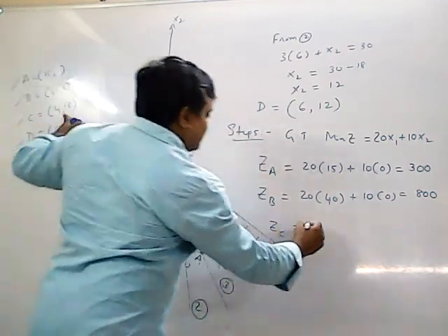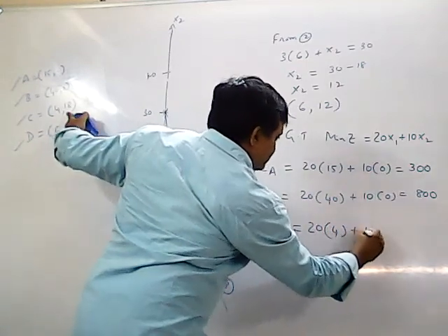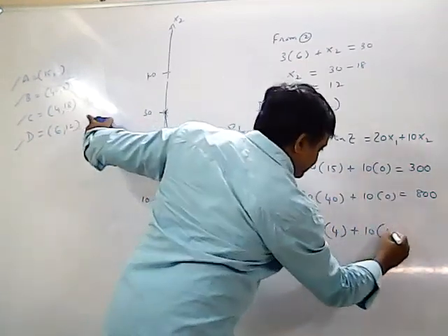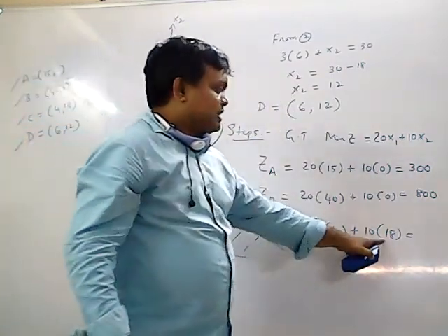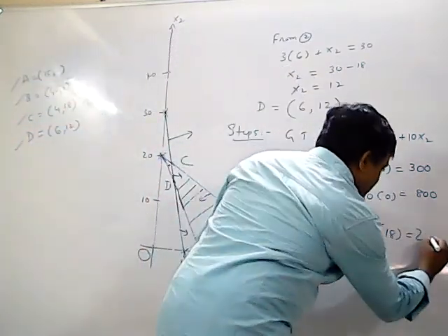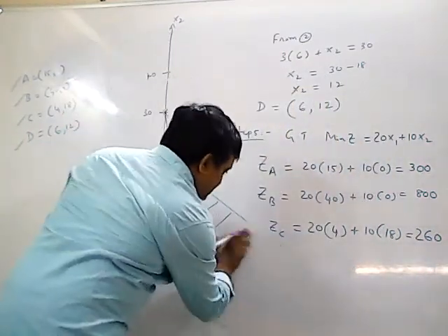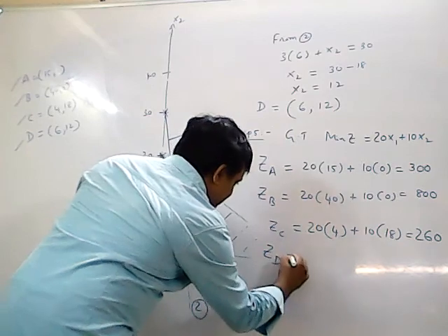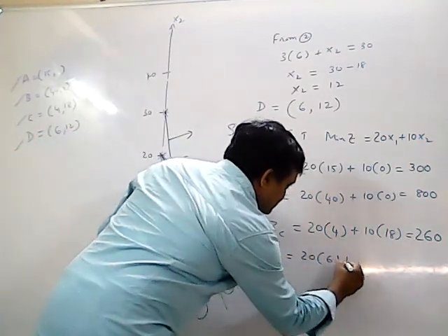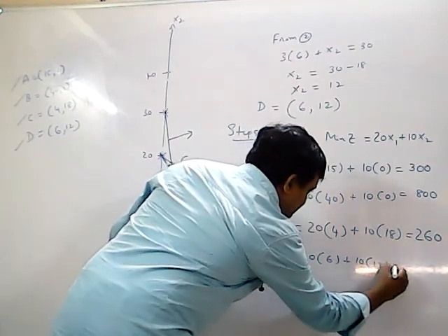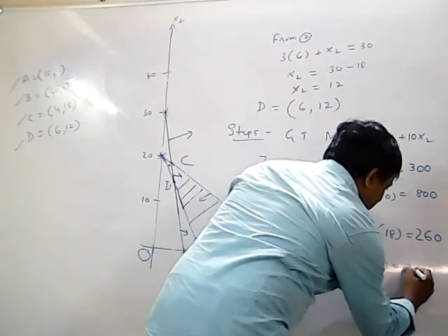The C point is 20 into 4 plus 10 into 18, which is 80 plus 180, 260. Last, ZD. D is 6 comma 12. 20 into 6 plus 10 into 12 is 120 plus 120, 240.